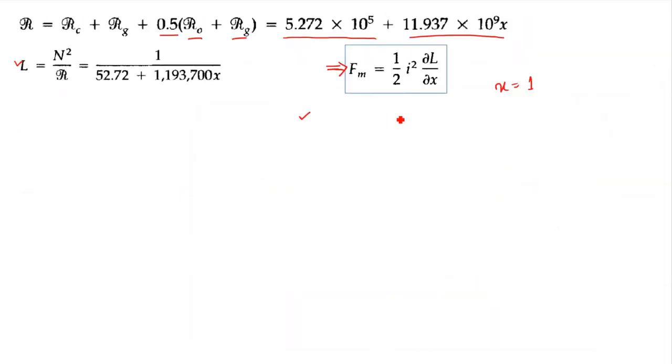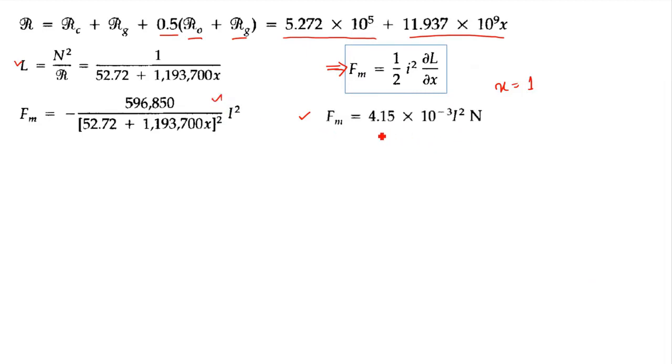So substituting x equal to 1 centimeter in this equation, my magnetic force will become 4.15 into 10 to the power minus 3 I squared, in Newton. Okay, now this magnetic force is to be equated with the gravitational force on the iron bar.